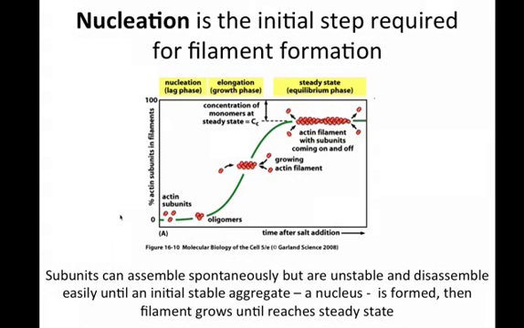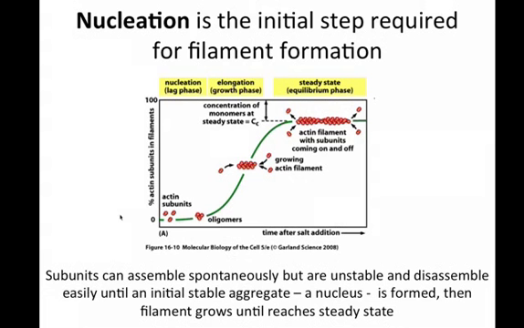Yeah, no, so don't think of a nucleus as something that stays the nucleus. The nucleation is the action of forming a stable aggregate that allows for polymer growth. You can call it the nucleus, but it's not like there's a nucleus and then you have your polymerization and then it falls off.